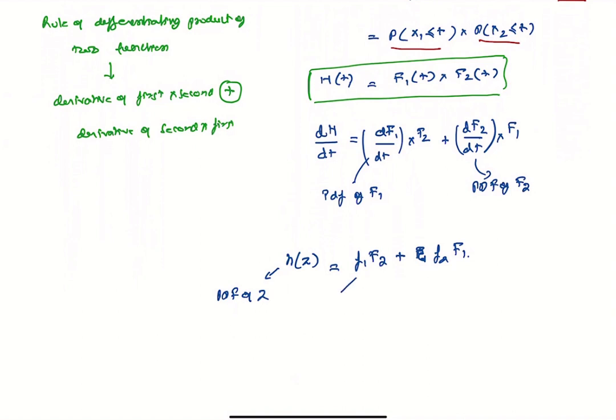Just to clarify this one more time, this f1 is the PDF of x1, this F2 is the CDF of x2, this f2 is the PDF of x2, and this F1 is the CDF of x1.